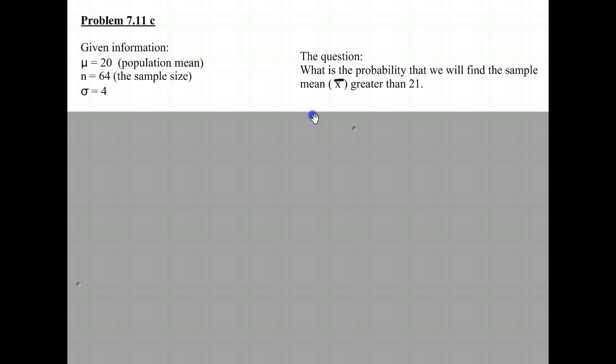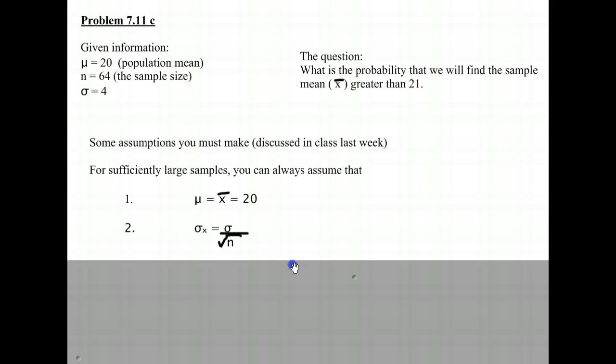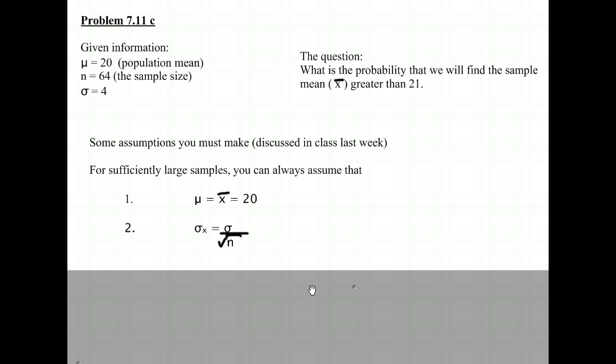Let me pull down the shade here a little bit and reveal some things that we discussed last week in class. Now here are some assumptions that you need to make now that we're looking at samples and not at the entire population. Two assumptions that you need to make. The very first one is that the population mean is exactly the same as the sample mean, which in this case is going to be 20.